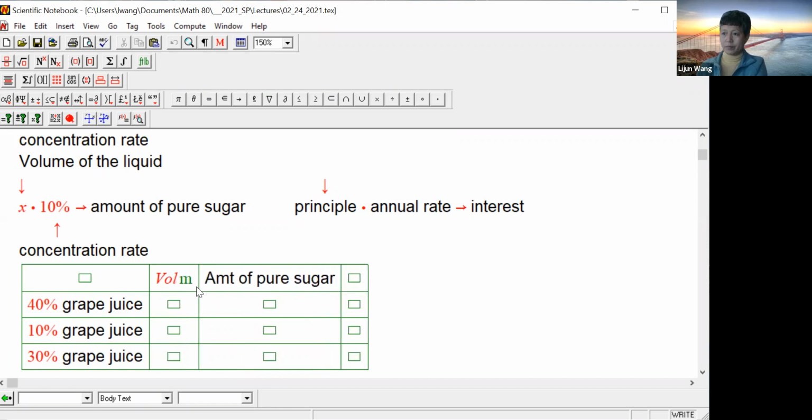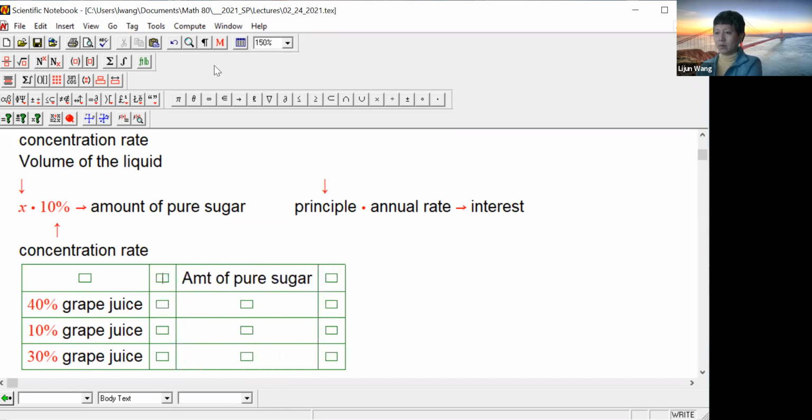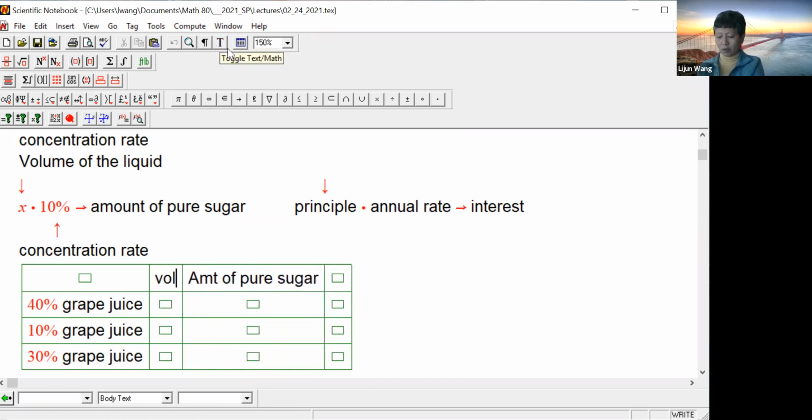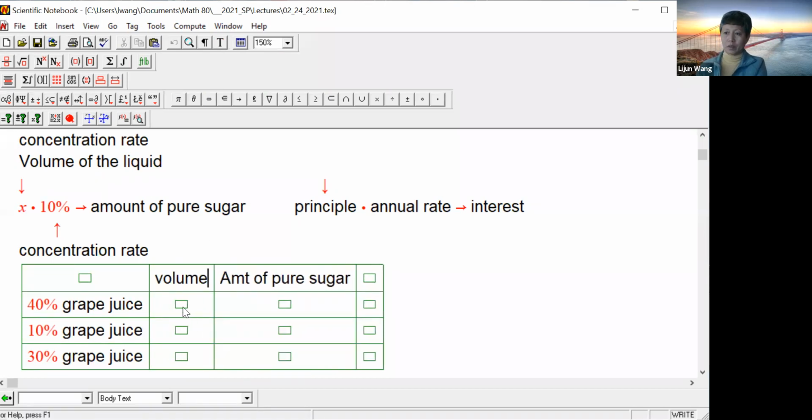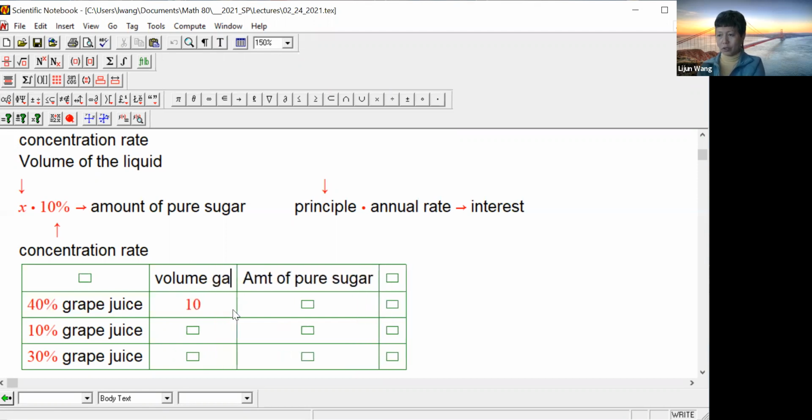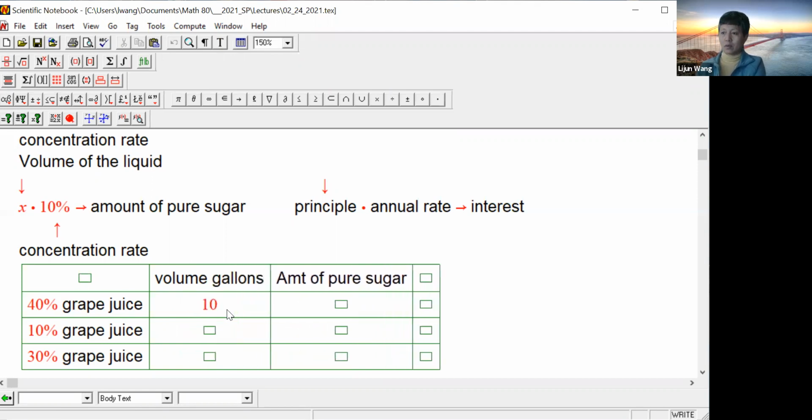Sorry, volume. For the 40% grape juice, I have 10 gallons. So they all use the same unit. 10 gallons. How many gallons of grape juice with 10%? I don't know. The mixture is 10 plus X.